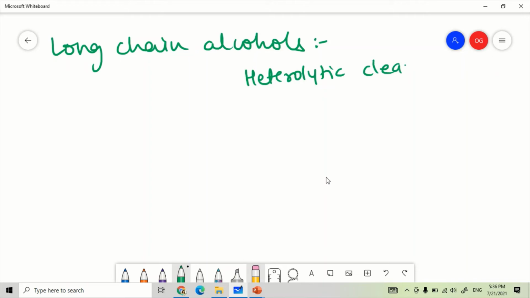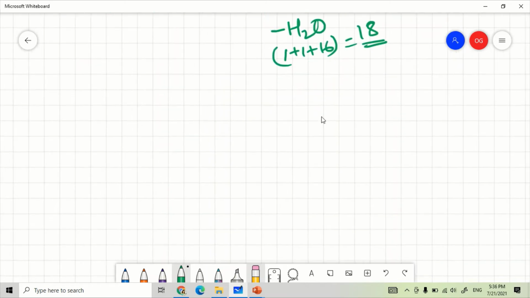So this heterolytic cleavage occurs in these long chain alcohols, and because of that there is removal of a water molecule. That means 18 units, 1 plus 1 plus 16, so 18 units can be removed from the molecular ion. So that we will see now in just 2 minutes.